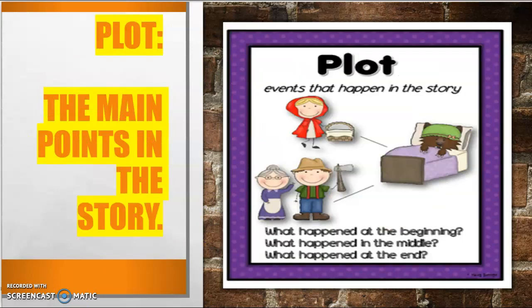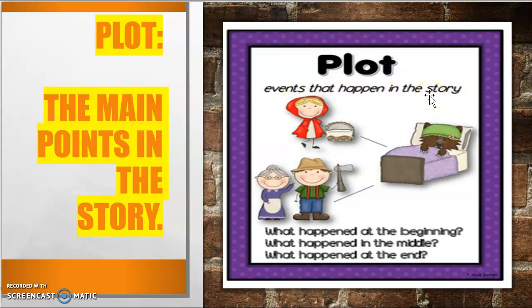Remember, we talked about the plot. The plot is the events that happen in the story. It tells us what happens at the beginning, in the middle, and at the end of the story. Repeat after me. The plot is the events that happen in the story.